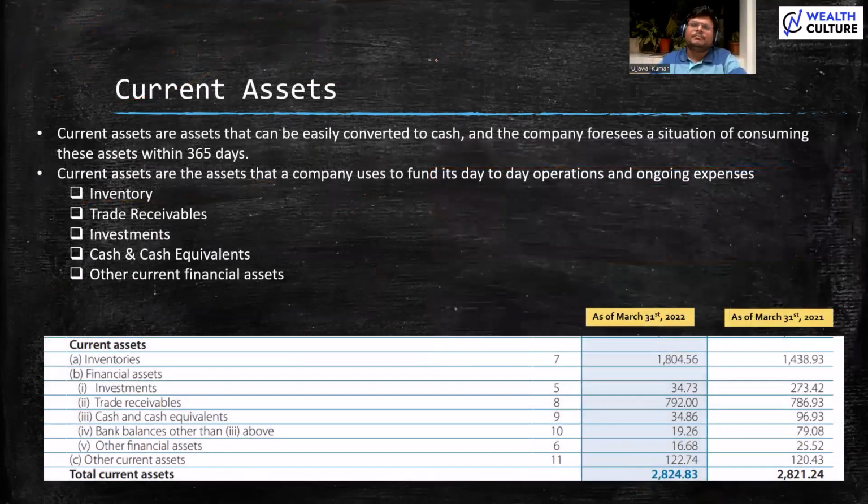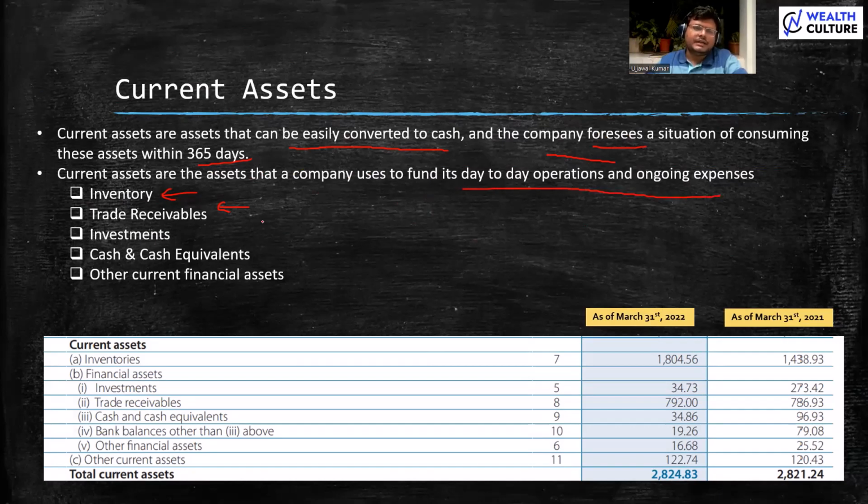Now let's look at the current portion of the balance sheet. In the current portion, some items you will find different, for example, inventory and trade receivables. These are things that can easily be converted to cash, and the company expects to consume these assets within 365 days. That's essentially the criteria for classifying an asset as a current asset. And most of these assets are used for the day-to-day operations and ongoing expenses.